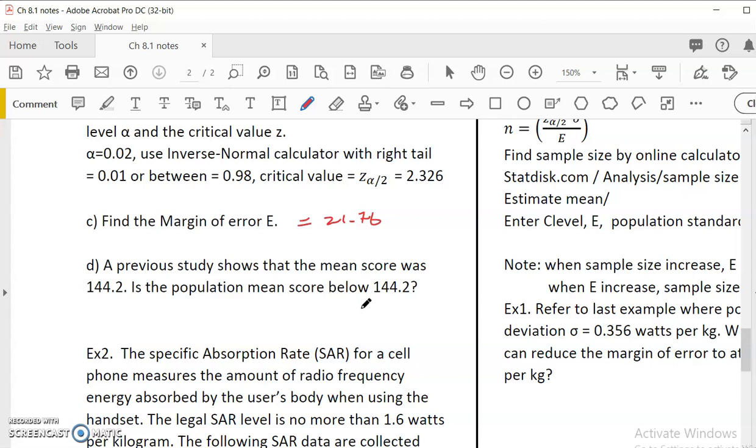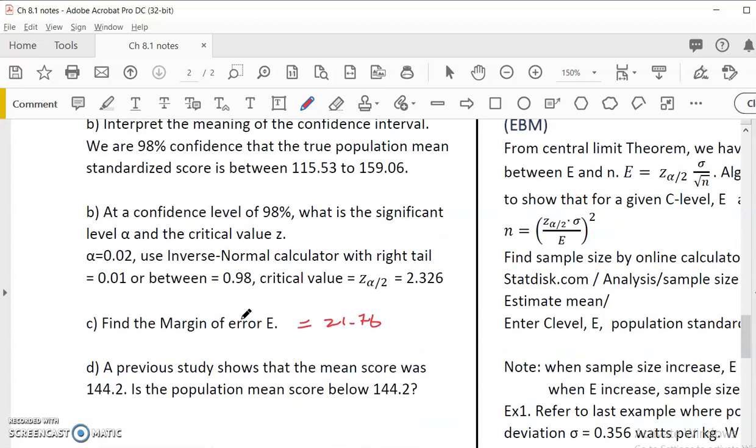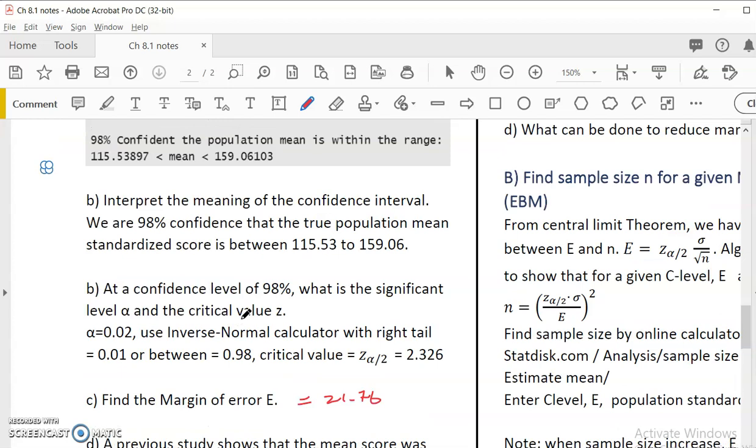The previous studies say that the mean score for everyone was 144. Is this mean below 144? Well, our mean can be from 115 to 159.